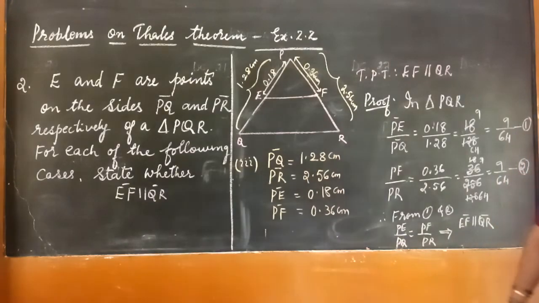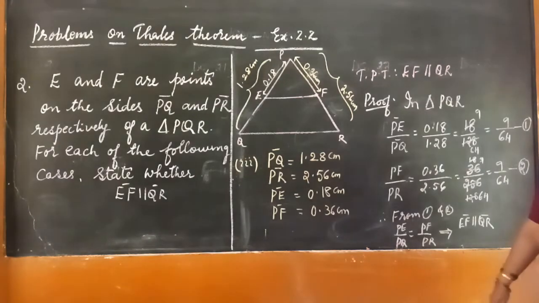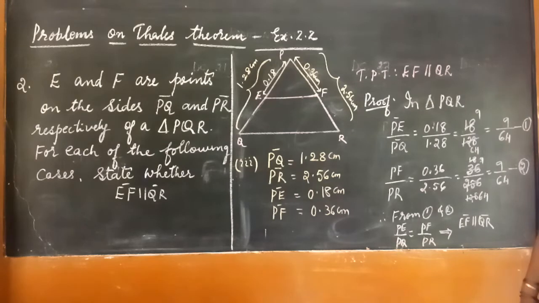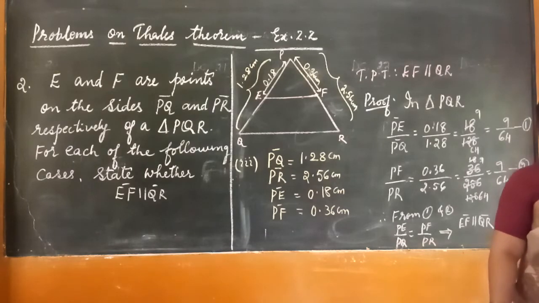Children, even in the first case you have to write the reason as converse of basic proportionality theorem. Children, this is the second main third case problem. I want you to write all these exercise problems, whatever is solved and taught to you, in the notes neatly.